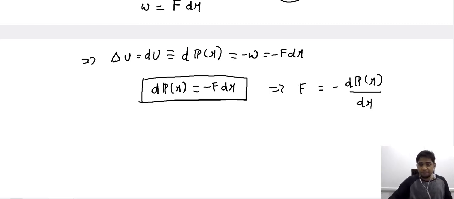So what we have here is a term that expresses the interatomic potential energy. The change in the interatomic potential energy with respect to the distance between the atoms gives us the interatomic force.